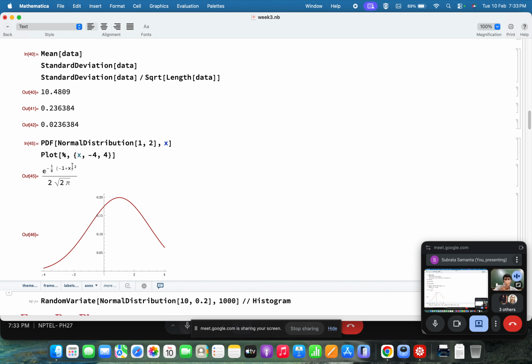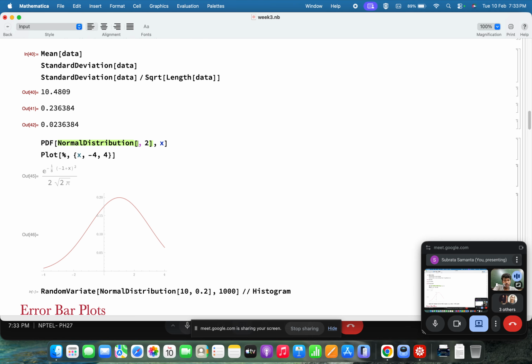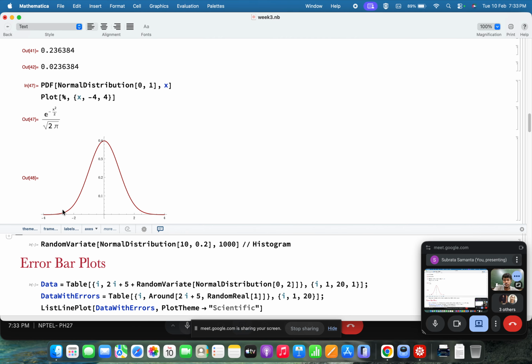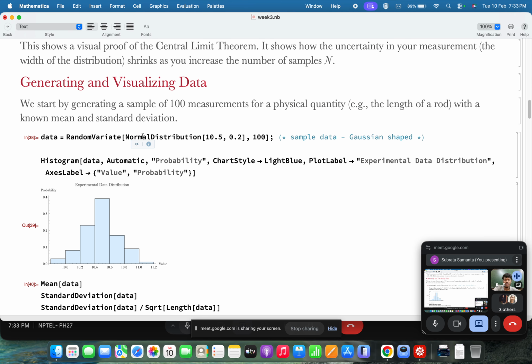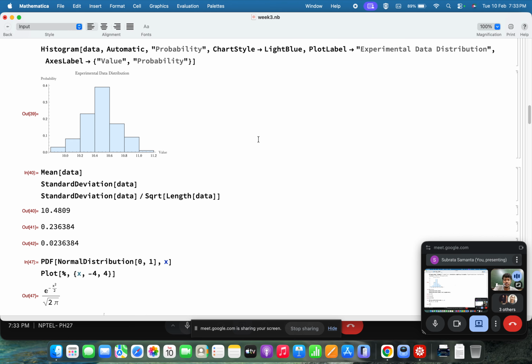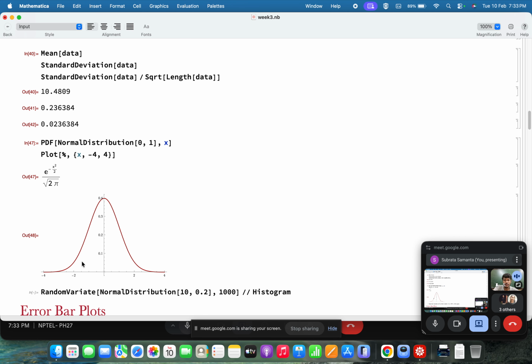So, x minus 1, whole square over 2 pi, there is a sigma also. So, you can create 0 and then 1. Basically this is the shape. So, when you generate random data from these distributions, that means you are actually generating numbers from these distributions. So, this is the visualization.